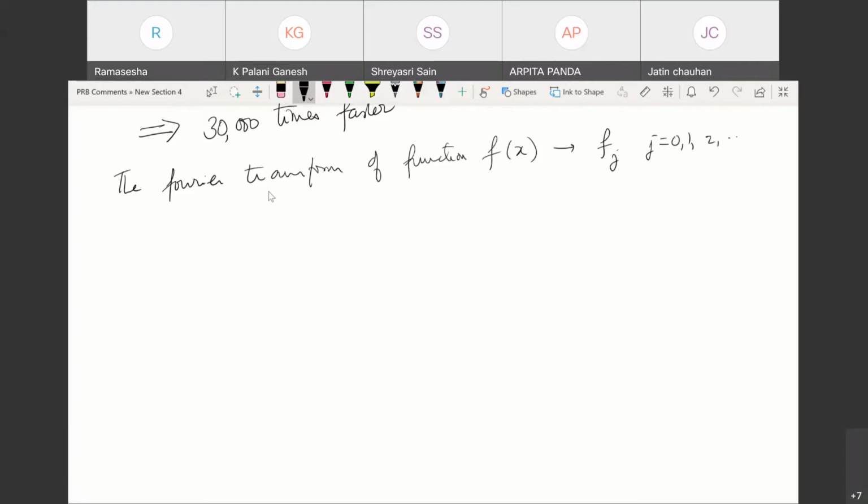And I want to find out what is f k, and k is equal to 0 up to n minus 1. Exactly the same way.